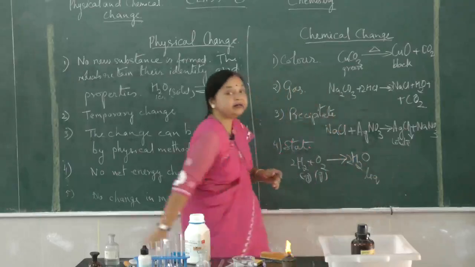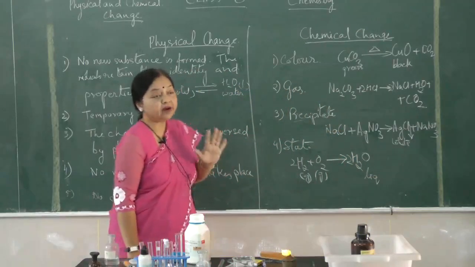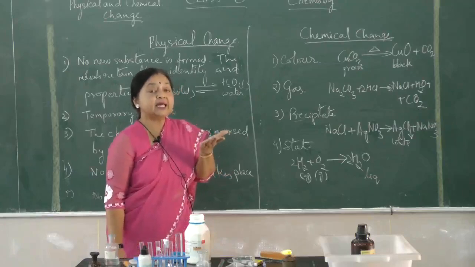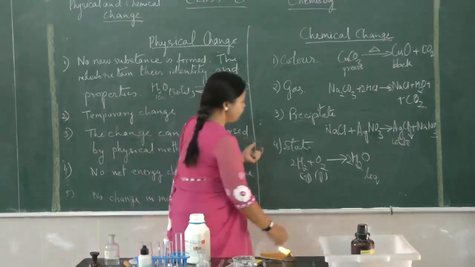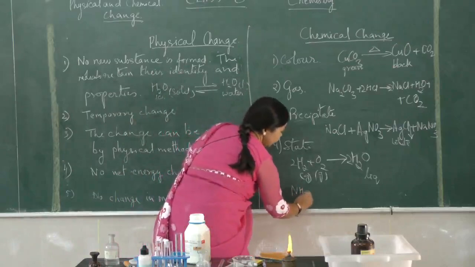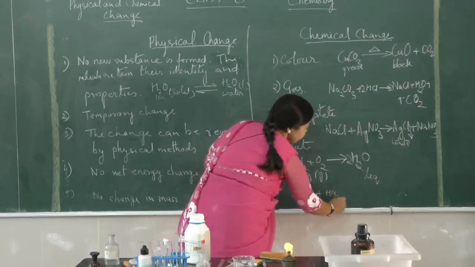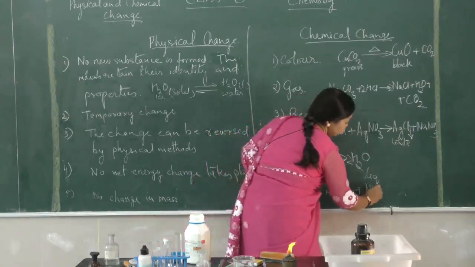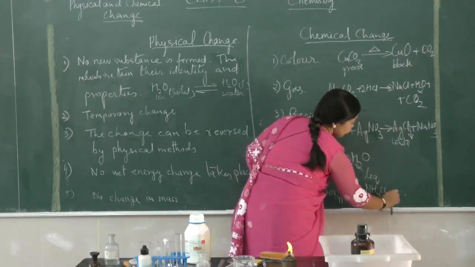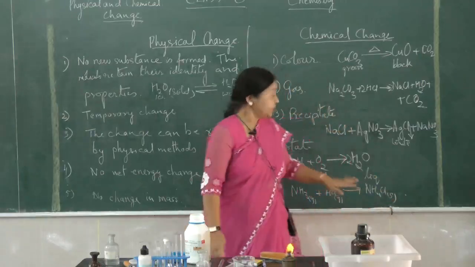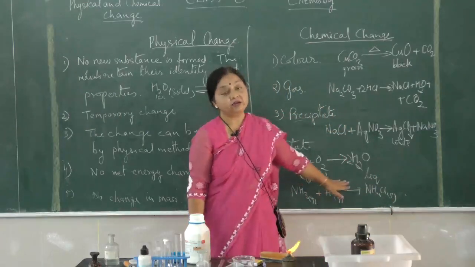So the state of matter is changing. Two gases like ammonia and HCl combine to form NH4Cl. Ammonia is gaseous, HCl is also gaseous, but NH4Cl is a solid. So the state of matter may also change.